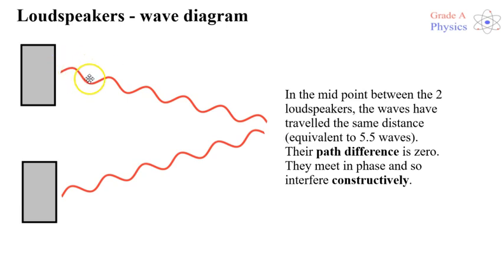If we look at the number of waves, 5.5 waves have travelled from this speaker here, and 5.5 waves have travelled from the speaker at the bottom. They started off in phase, they've travelled the same distance, so their path difference is 0. They're in phase with each other at this point, so we'll get constructive interference, maximum amplitude, and we'll hear a loud sound.